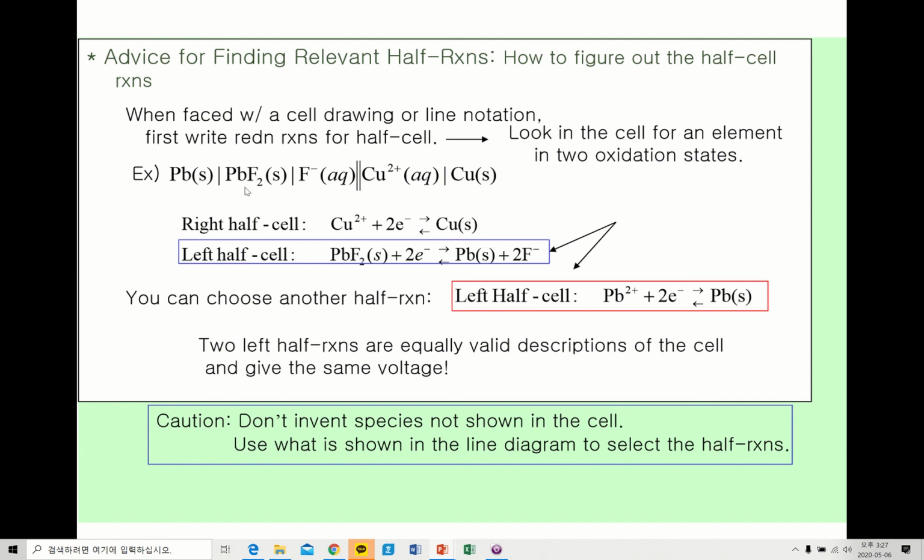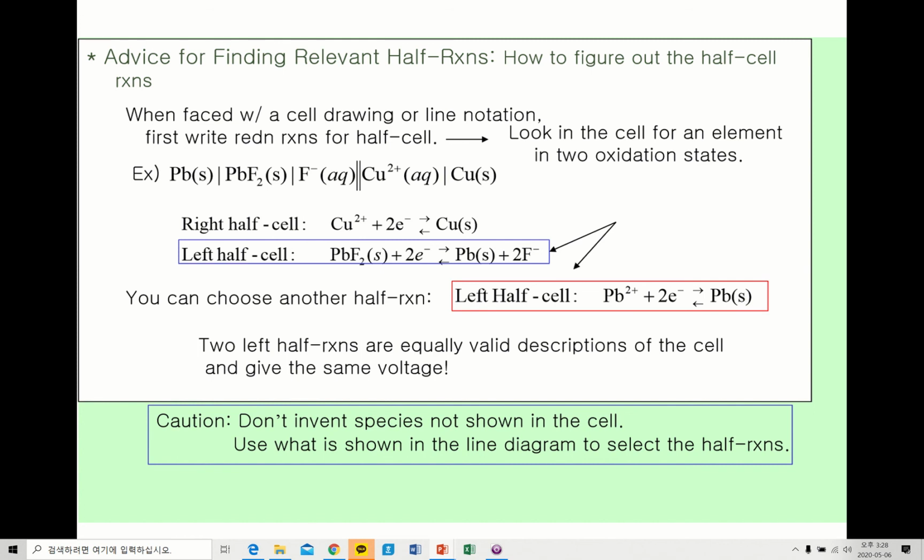And for the left-hand reaction, although oxidation takes place here, we write it in the reduction form. Lead fluoride accepts two electrons to become lead metal and two fluoride ions. Or we can choose the left half cell reaction as simply lead ion accepting two electrons to become lead metal.